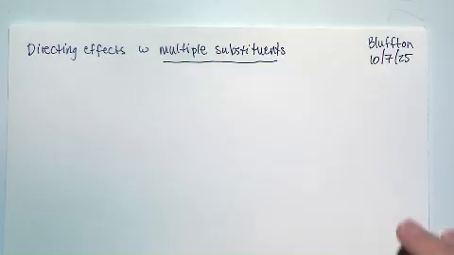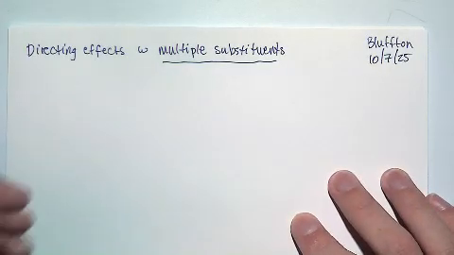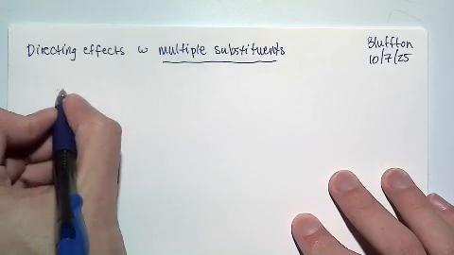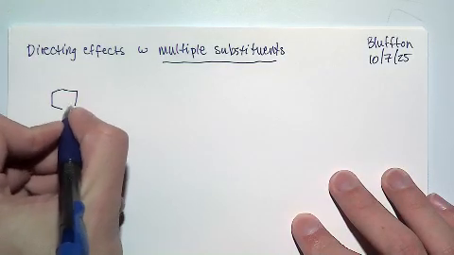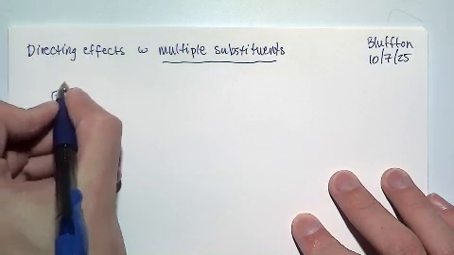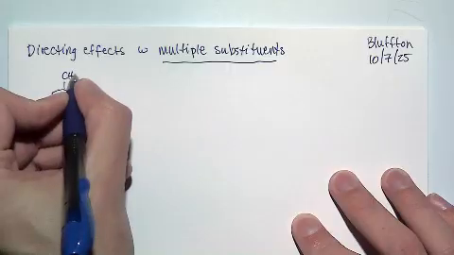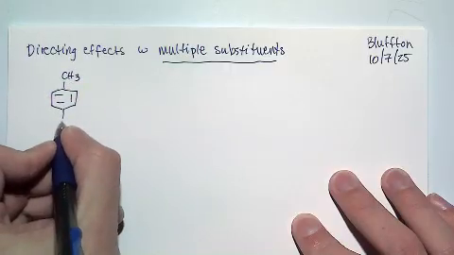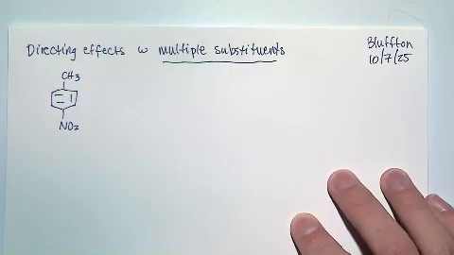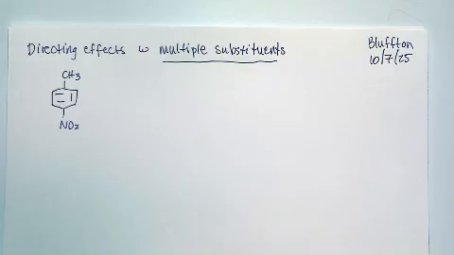Okay, so let's use this starting material. This is para-nitrotoluene.